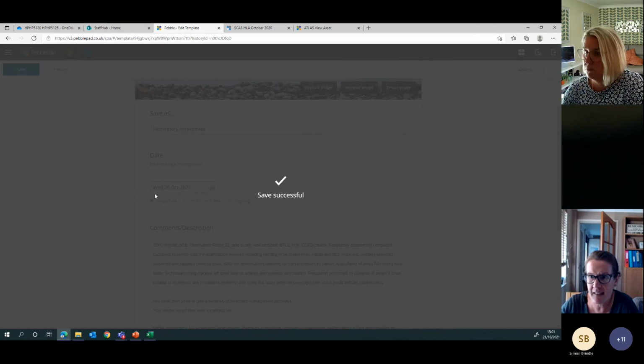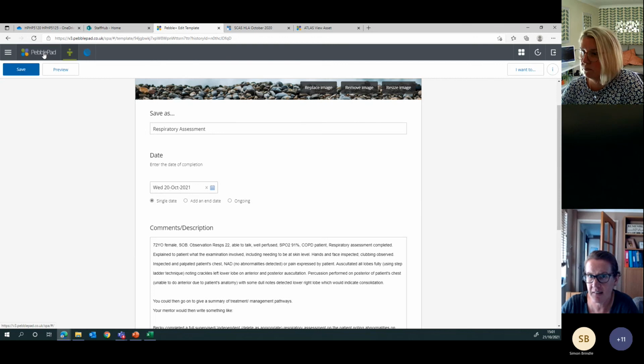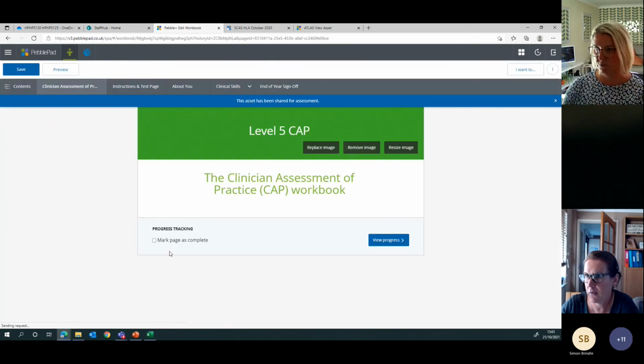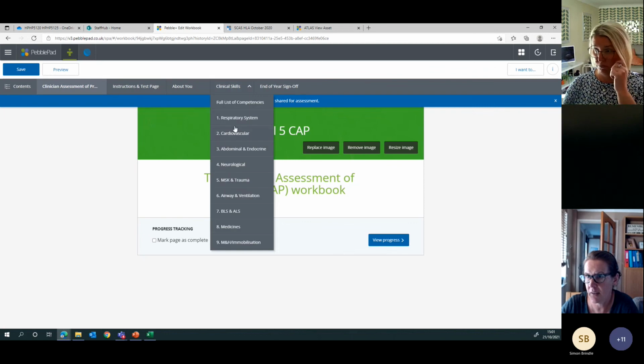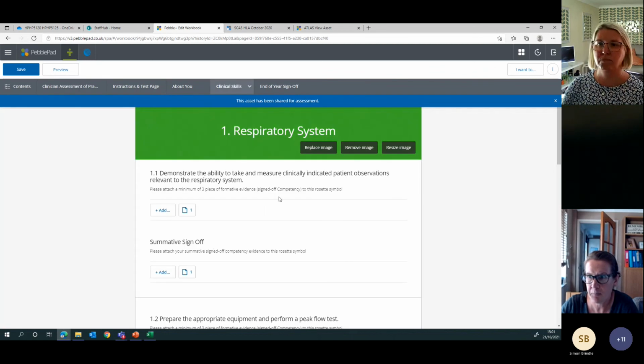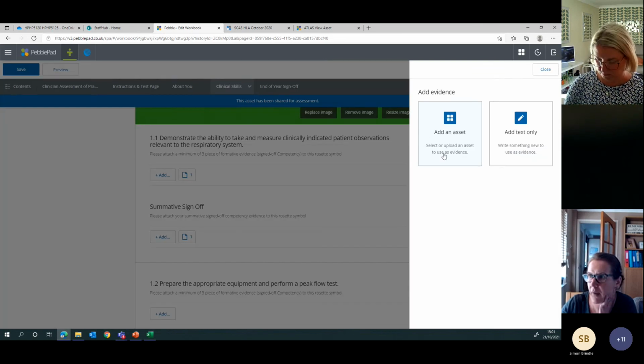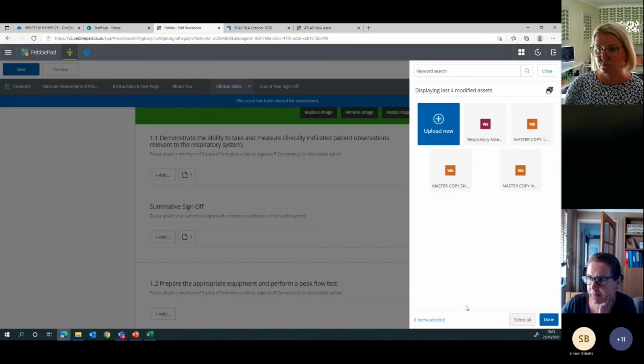If they wanted to tag that to the competencies, they would go into their workbook. So we go into the CAP workbook, the clinical skills, respiratory system. We've done a respiratory assessment and some patient observations. So what they would do is click on add, and add evidence. They'd want to add an asset, and we've got our asset here that I want to use, this respiratory assessment.